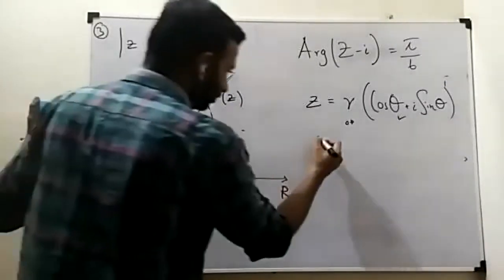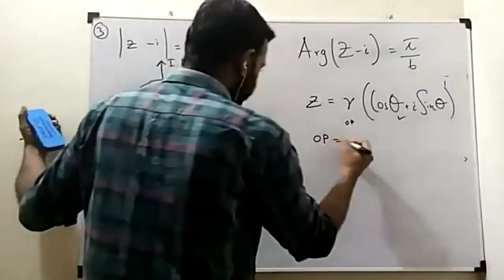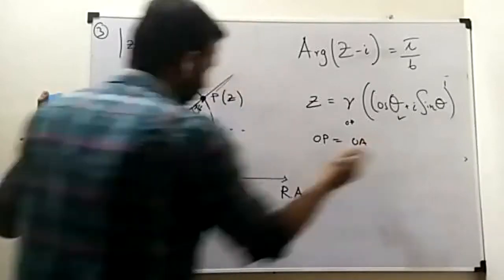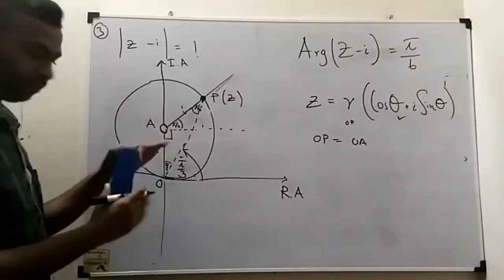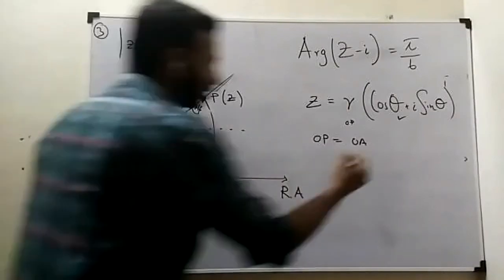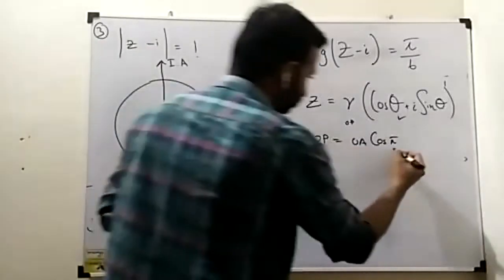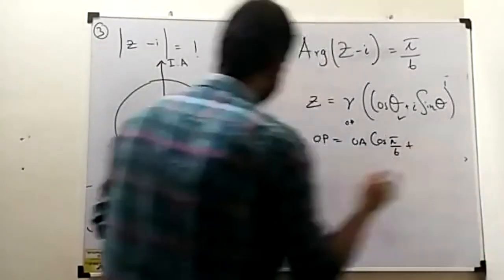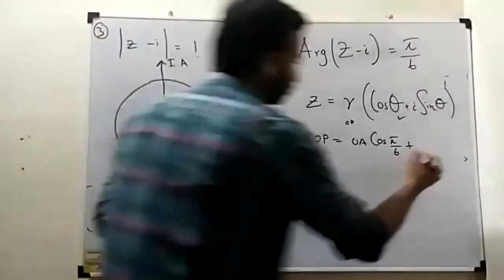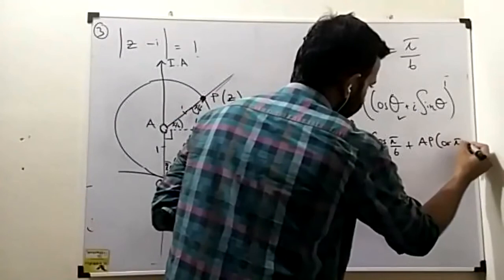Yes. So let's say OP. OP is this distance, equal to OA. OA cos. If towards the angle cos, away from the angle sine. So towards the angle cos 5 by 6, plus this, AP cos 5 by 6.